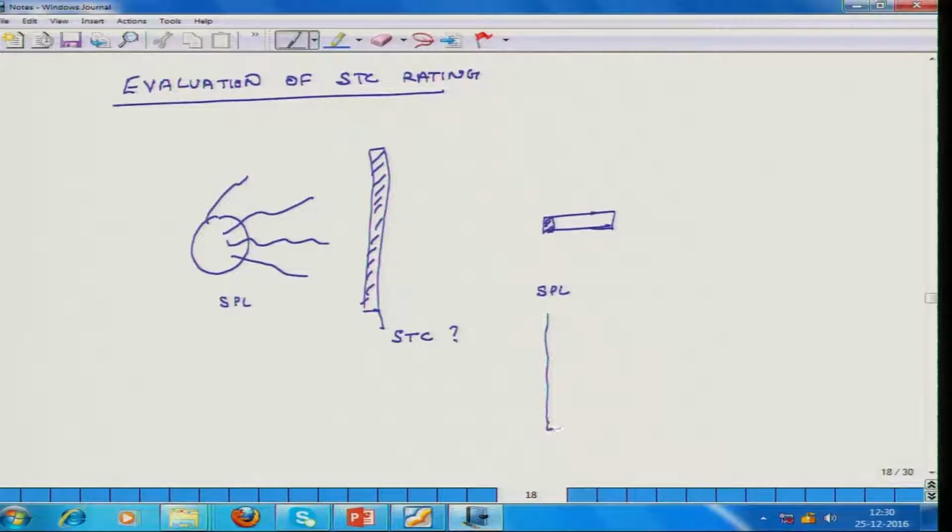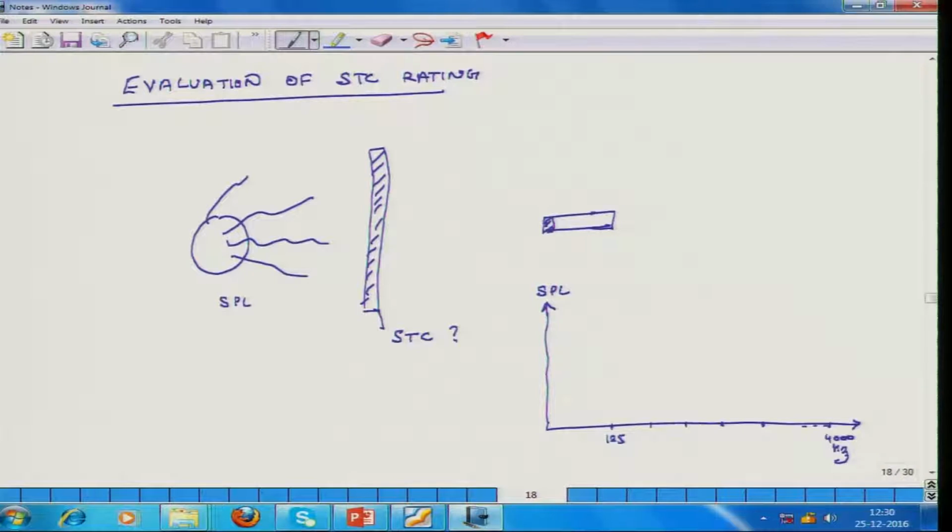Then I make a graph, and I plot data for different 1/3 octave bands. It starts from 125 hertz and goes up to 4000 hertz.